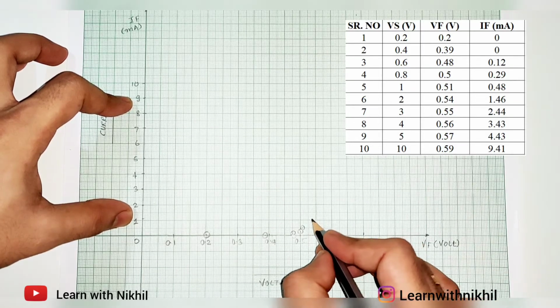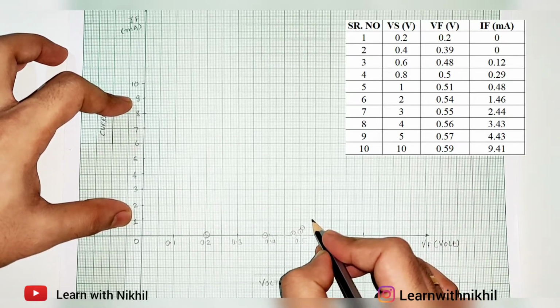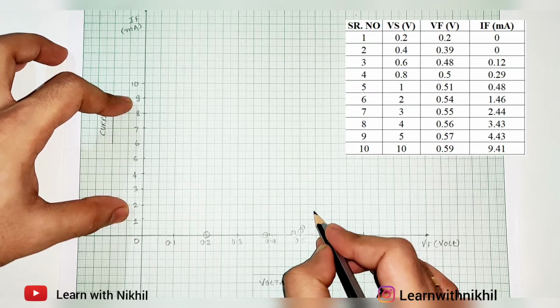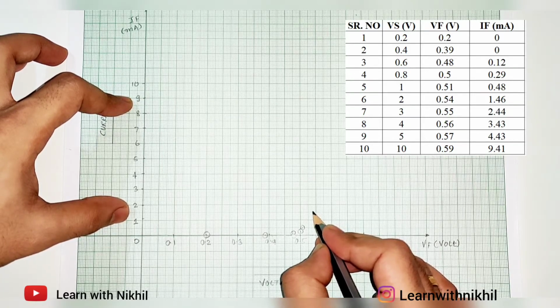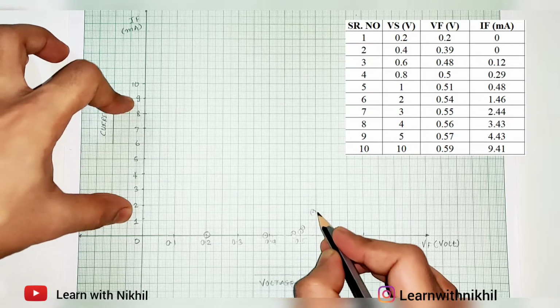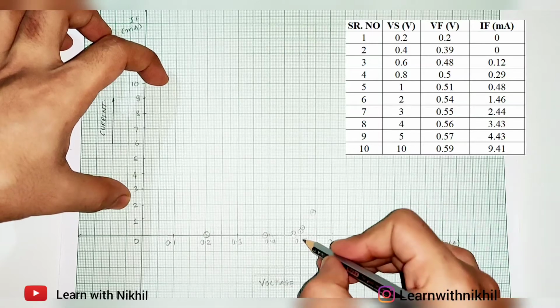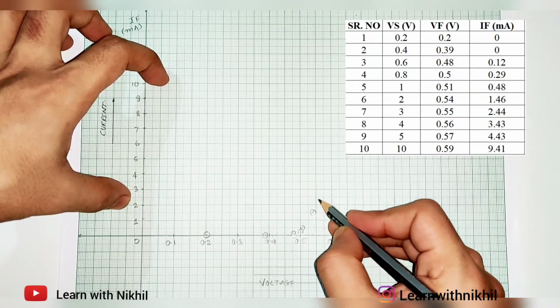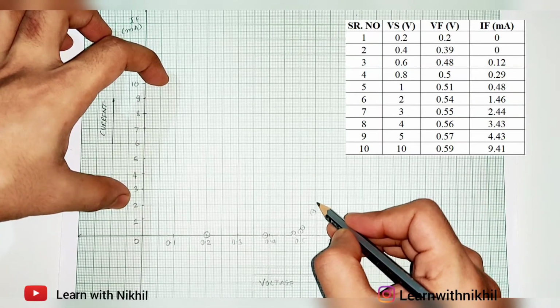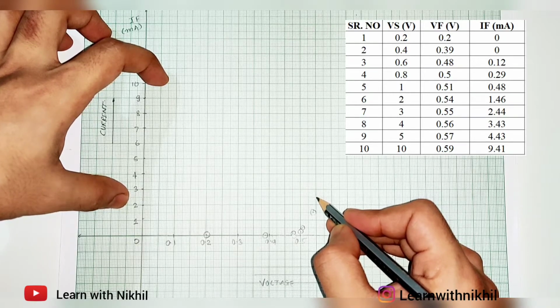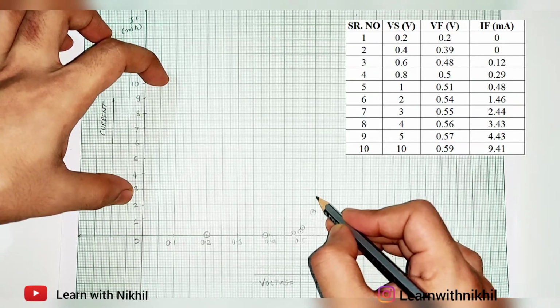So we'll mark the point above 1 milliampere. The point is 1.46, so it will be around here. Then you have 0.55 volts and your current is 2.44 milliamperes. So it will be here.